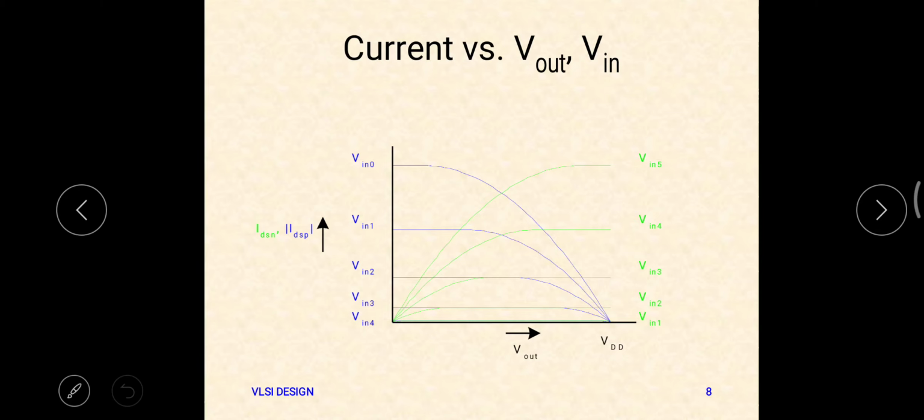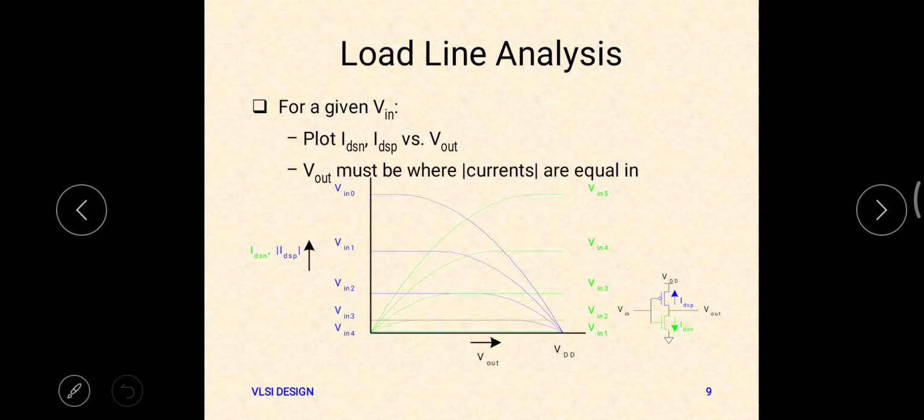Since I have taken the magnitude, for NMOS it will start from here and end at the maximum value. Here I have taken current as well as input and output voltages. Now I am going to do the analysis, or rather tell you how to draw the DC transfer characteristics of a CMOS inverter.